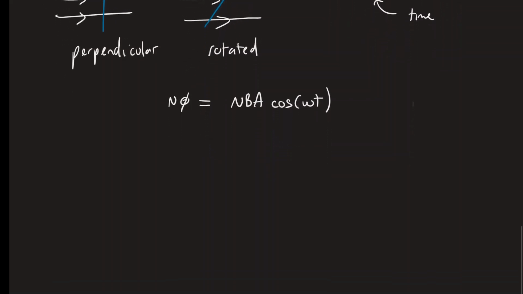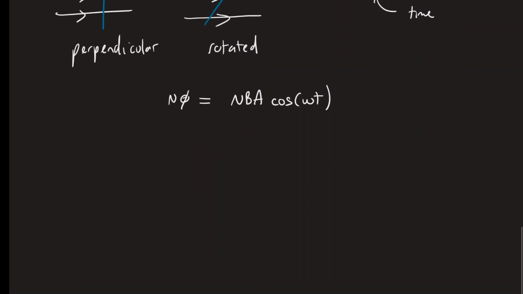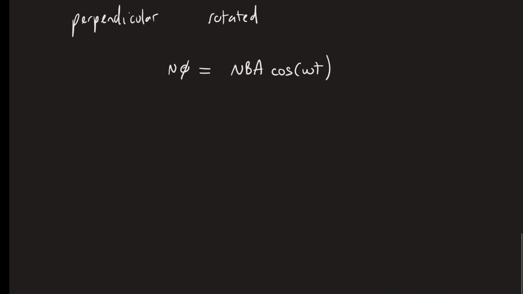This is helpful because Faraday's law states that the induced EMF is directly proportional to the rate of change of magnetic flux linkage through the coil. Rate of change should sound like differentiation. You wouldn't have to do this in an exam, but it's the best way to make sense of what's going on here.